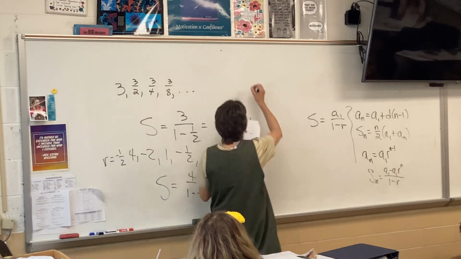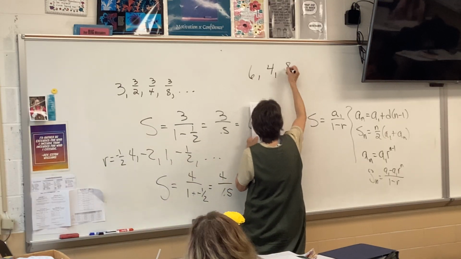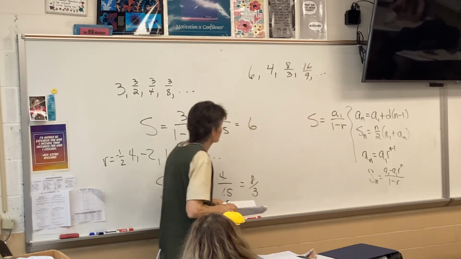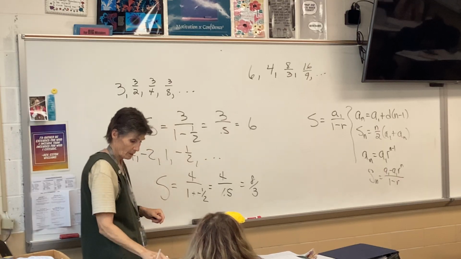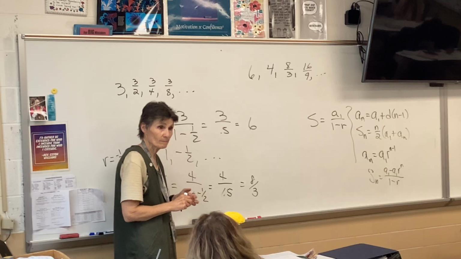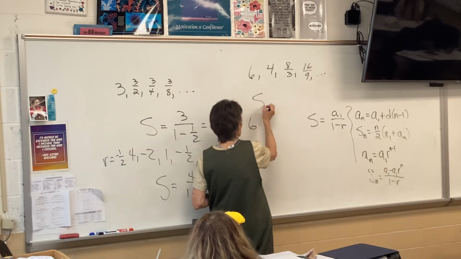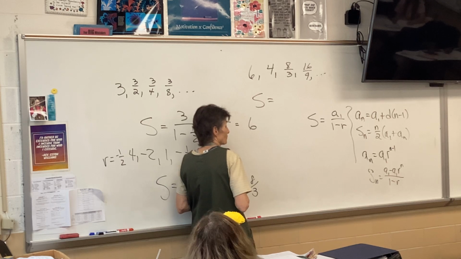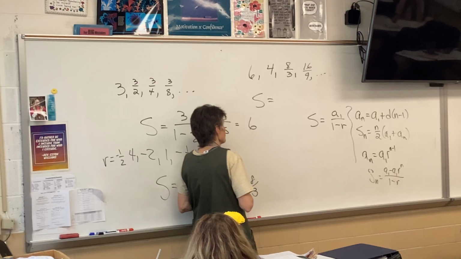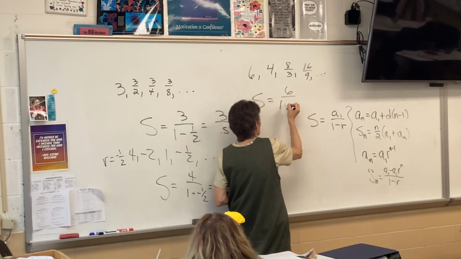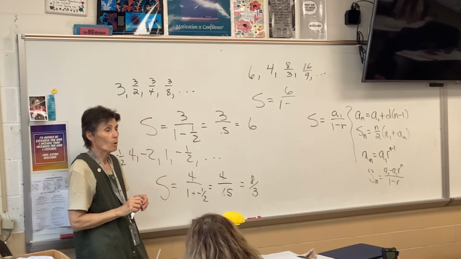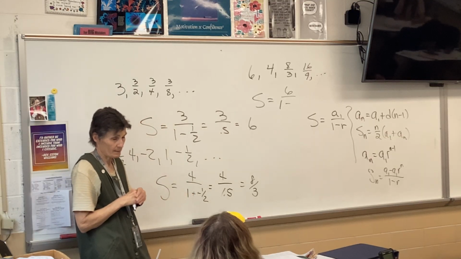All right, one more. What does the formula say? I need to add these up. They go on forever. Formula says the sum is first term is 6. Figure out my common ratio, so I need to figure out what am I multiplying by?